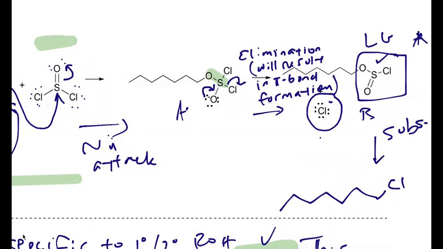How would you do it? The chlorine would attack. Yeah, I just want to kick off the leaving group directly, right? So the chlorine is going to come into here like that. And then the oxygen would, I'm just going to break the CO bond. Right.